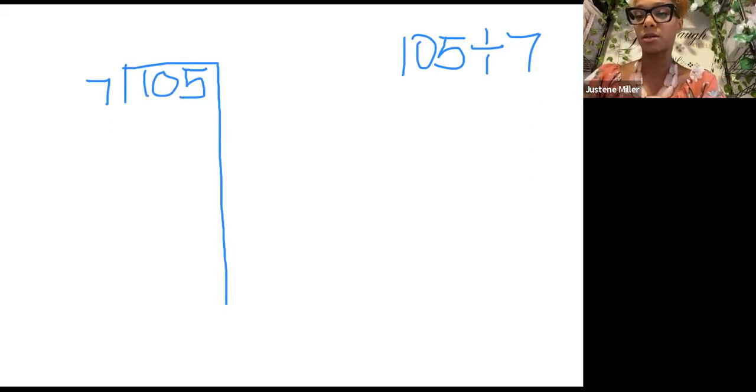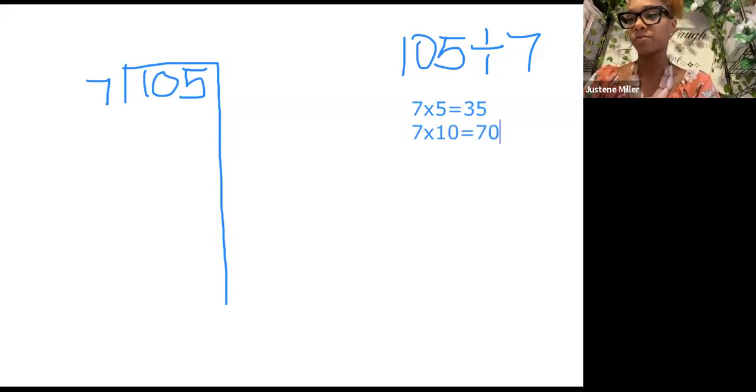Now I'm going to set up my fact chart. And I'm going to do multiples of 7. So I can do 7 times 5 equals 35. Then I can do 7 times 10 equals 70.